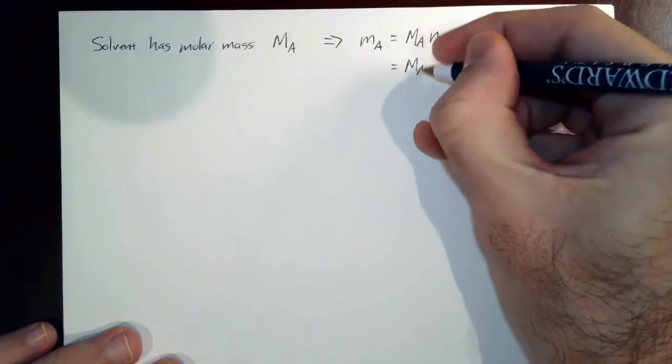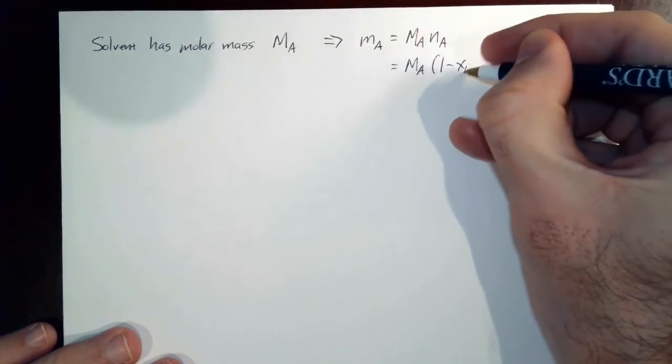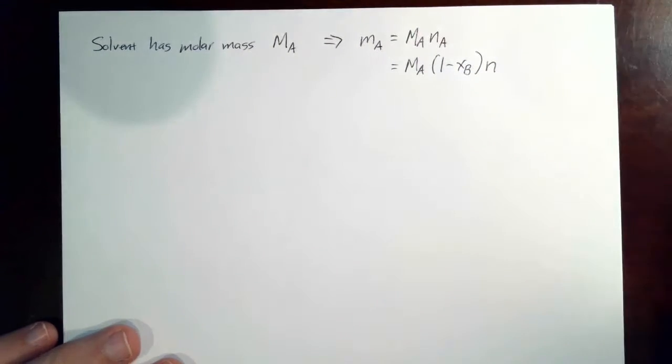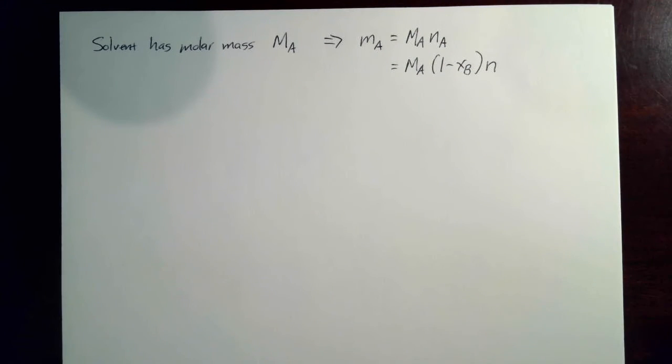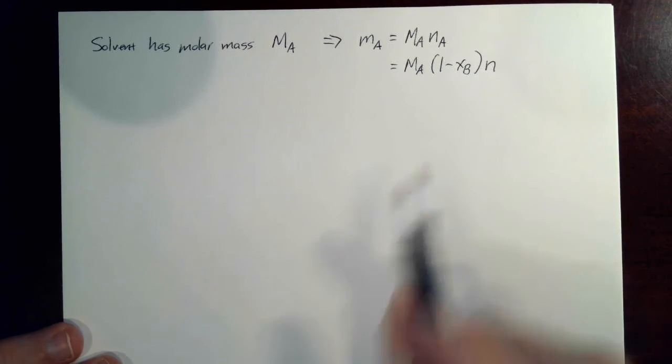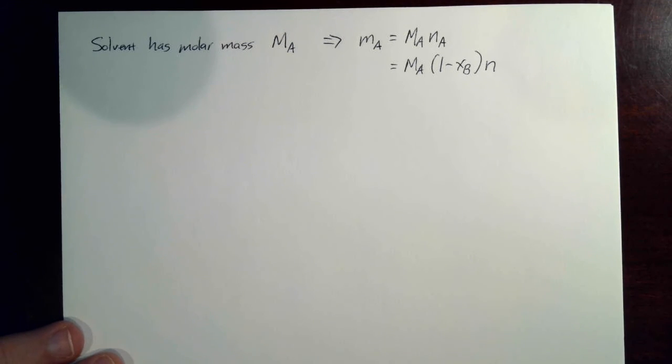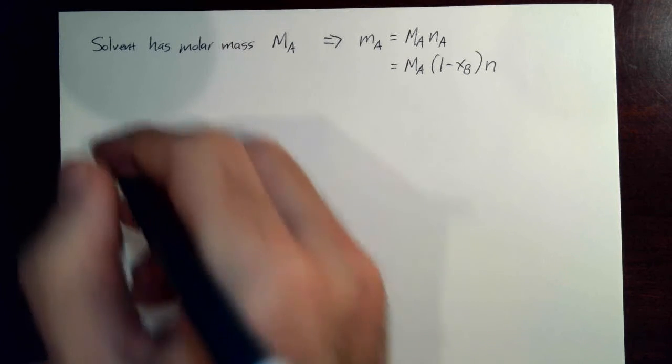So this is MA times 1 minus XB times N. So now I have everything in the molality formula in terms of XB, the mole fraction. And this was my goal, to get a relationship between molality and mole fraction for the solute.